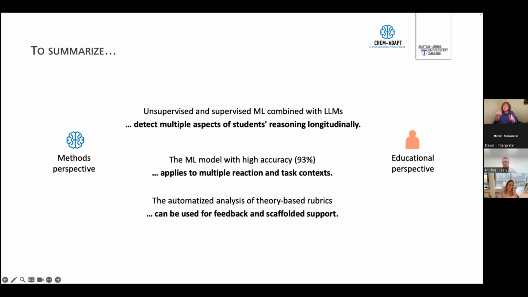Compared to other research studies in the last decade, we could use our machine learning model also with different reaction and task contexts, which was difficult in earlier days. And we can use the automatized analysis of this rubric to provide students with tailored feedback, and also with scaffolded support or with adapted exercises for their level of understanding.